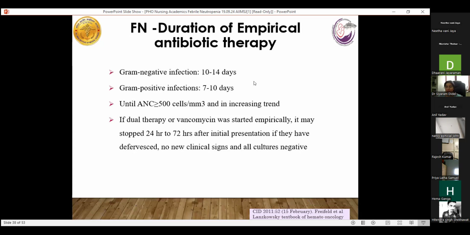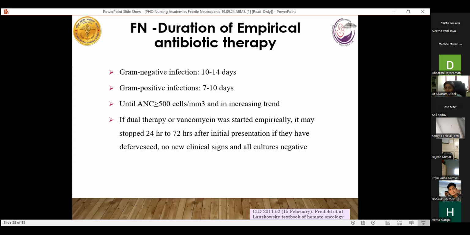Now we have started antibiotics in the febrile neutropenia child, but when should we stop this antibiotic therapy? In patients with documented infection, if there is gram-negative infection, the antibiotic should be given for around 10 to 14 days.